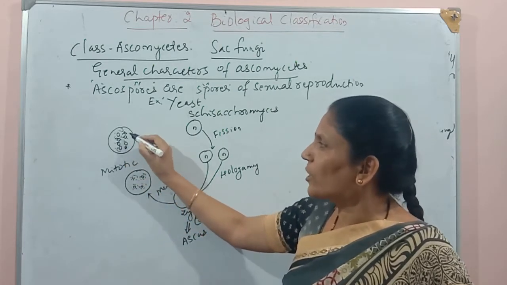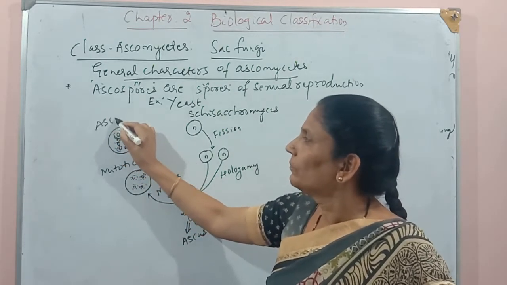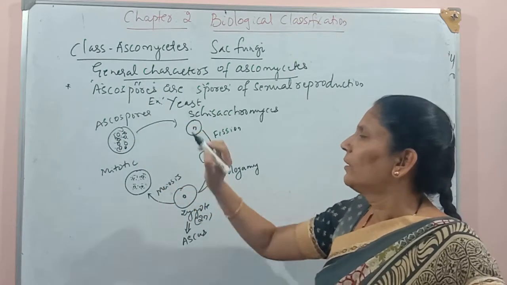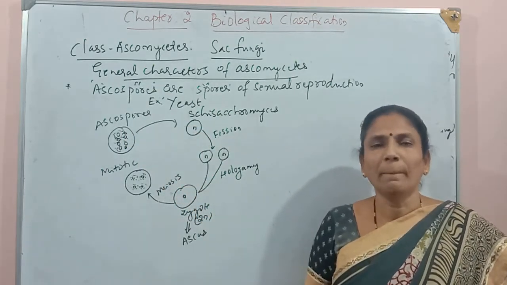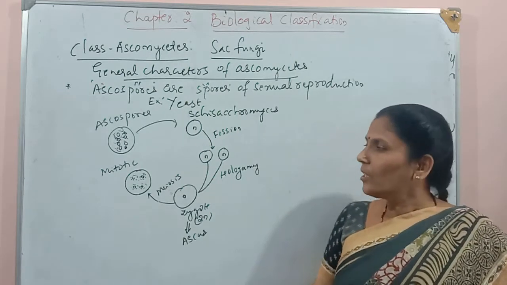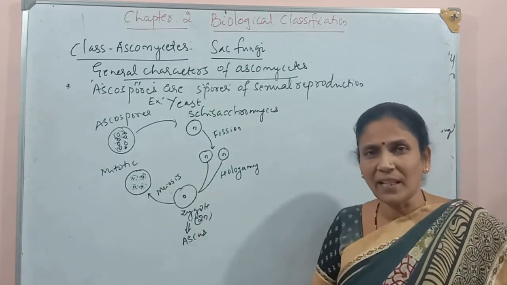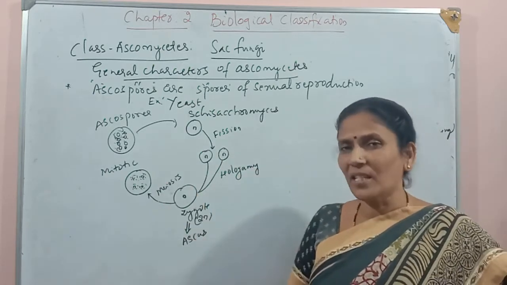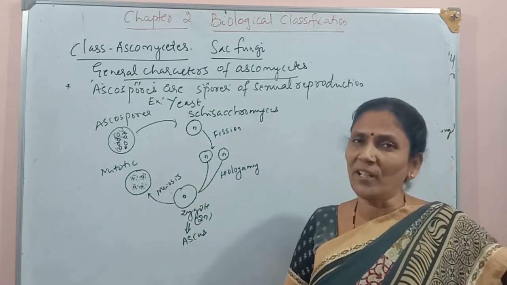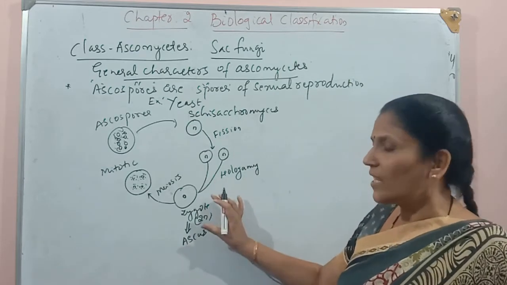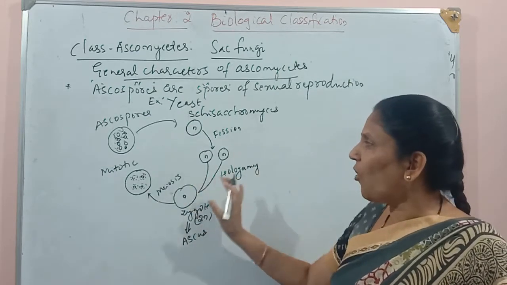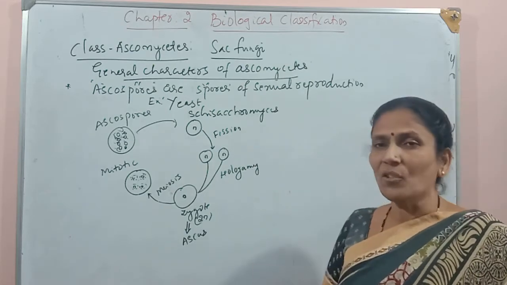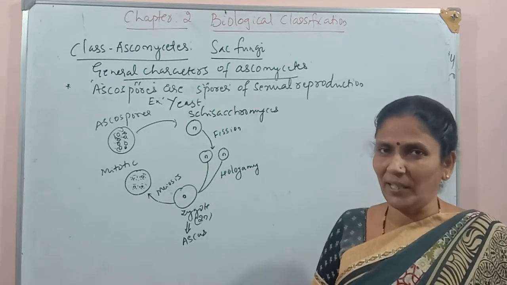When these ascospores are liberated, they form the parental cell. We call this the haplontic life cycle because except the zygote, all the remaining stages are in haploid condition.